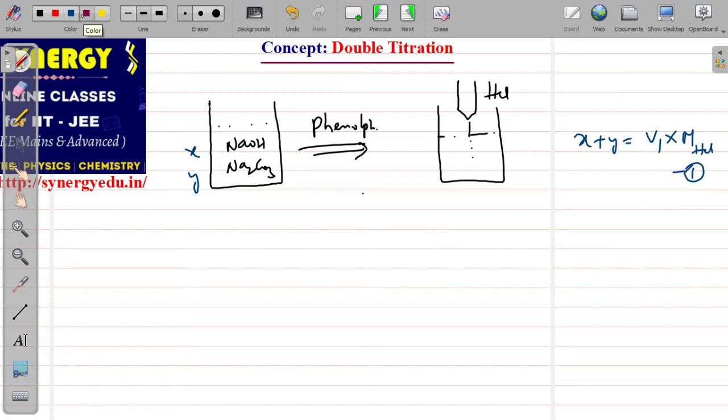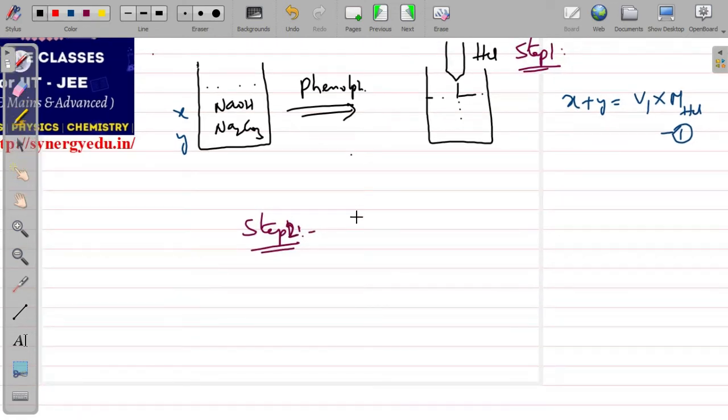Now, this is step 1, the titration. In step 2, earlier what we have seen is that after the first step, once sodium bicarbonate is formed, they will add the methyl orange into the beaker further. But here in step 2, they may take the original solution only and add the methyl orange.